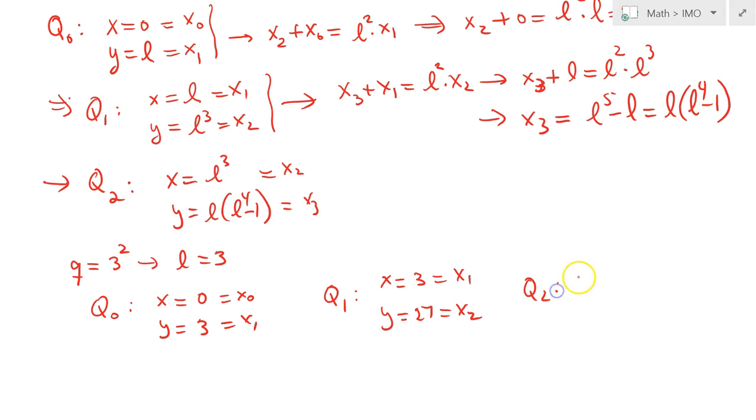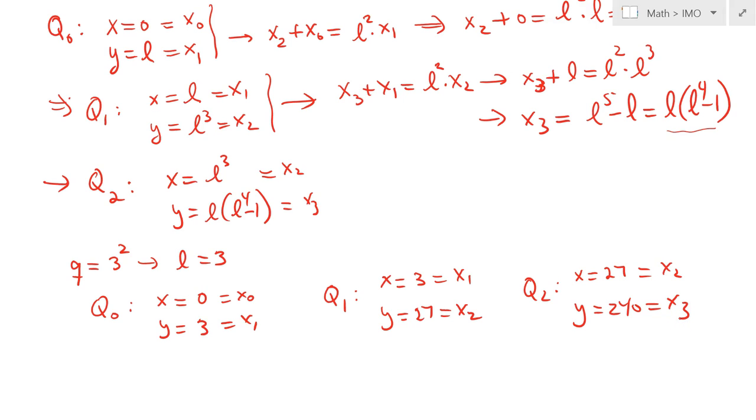And finally q2, and you can proceed in a similar fashion. q2 comes out as x equal to 27 and y equal to, if you plug in, 3 to the 4th power, which is 81, minus 1 is 80, and 80 times 3 is 240. So you get your x2 and x3 and so on.